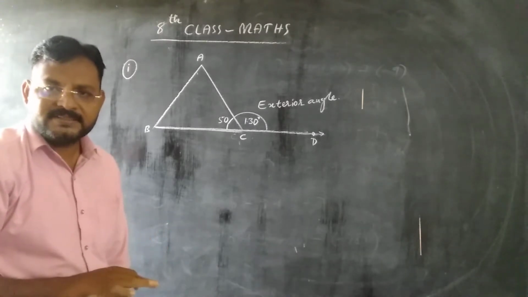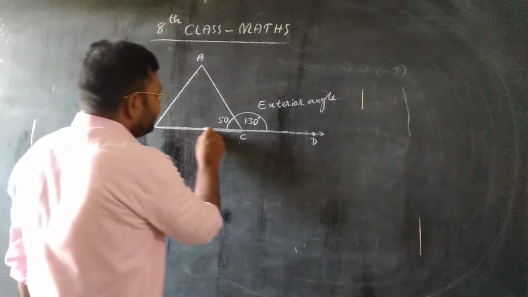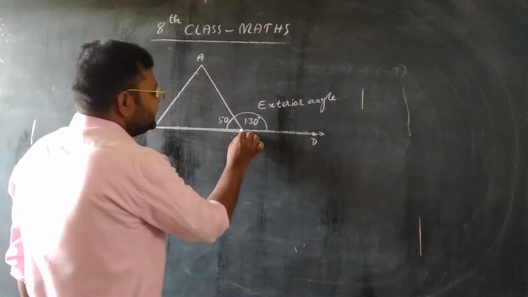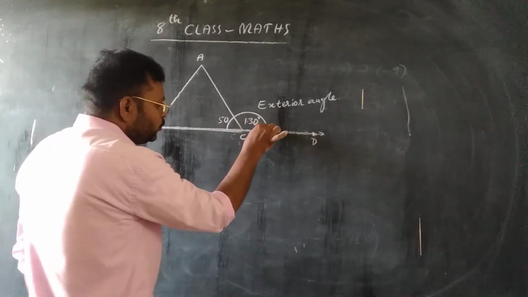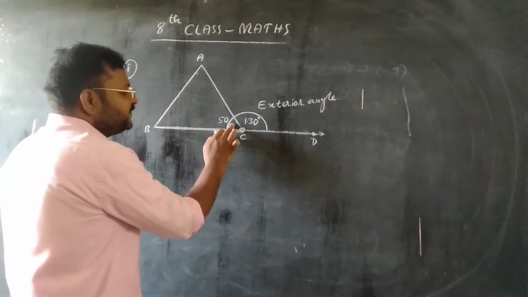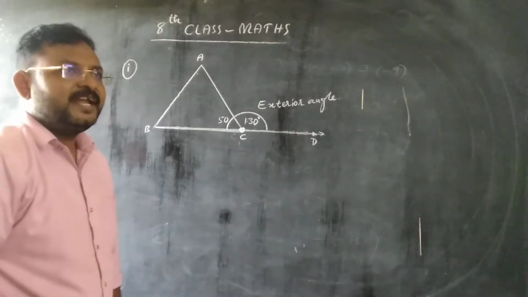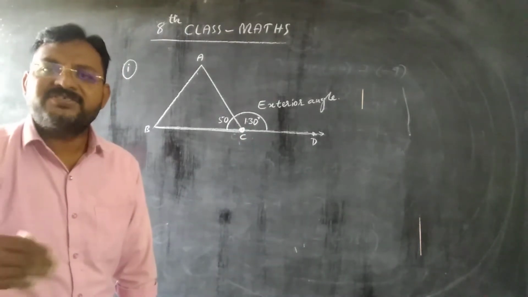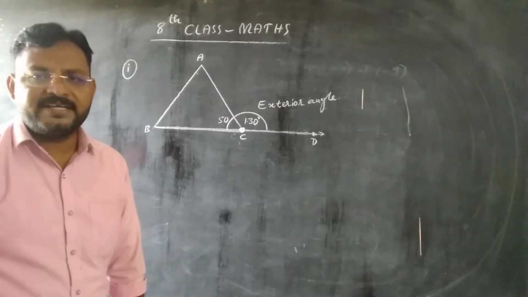Linear pair angles lie on a straight line. So this is a straight line. In this straight line, we have two angles: one angle is 50 and the other is 130. A straight line gives a straight angle. Straight angle measure is 180 degrees.